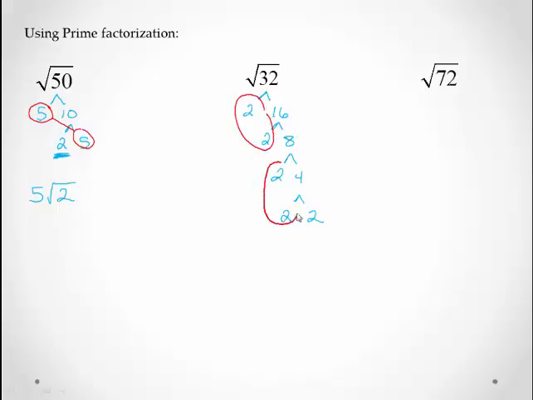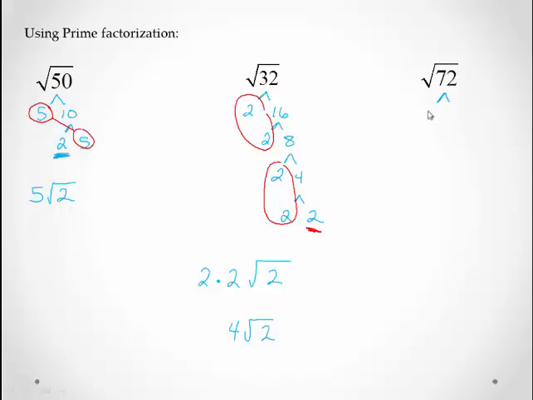I have another pair of 2's, and then I have this 2 that's left over. So each of these pairs of 2's, one can come out. So this first 2 comes from this group, and then this second 2 will come from the second group, and then the leftover stays home. And for each pair, you bring out 1, and then you multiply them together. So I get 4 root 2. So as you see, we got the same answer.